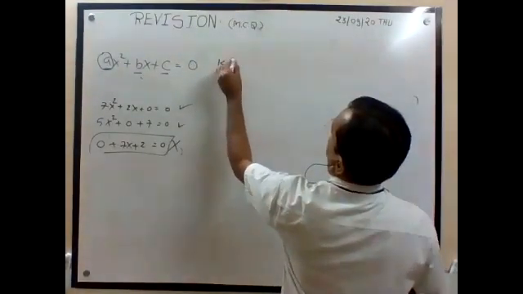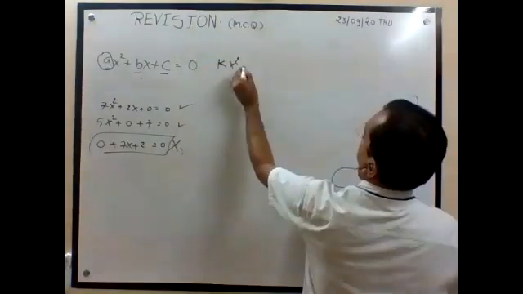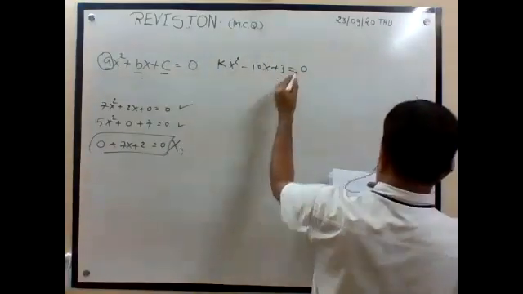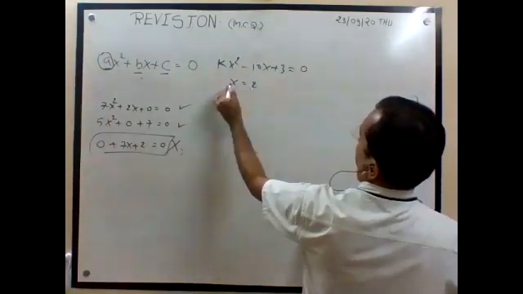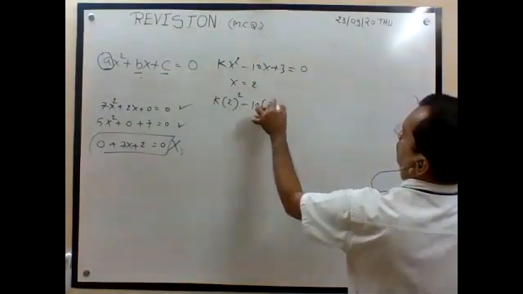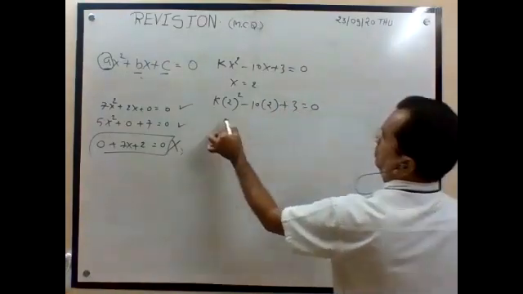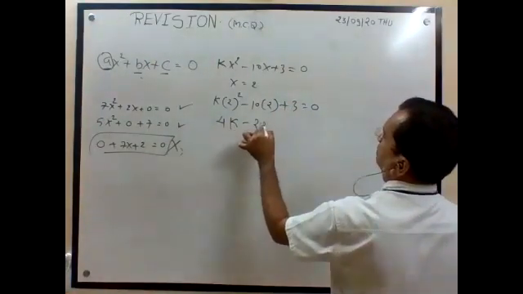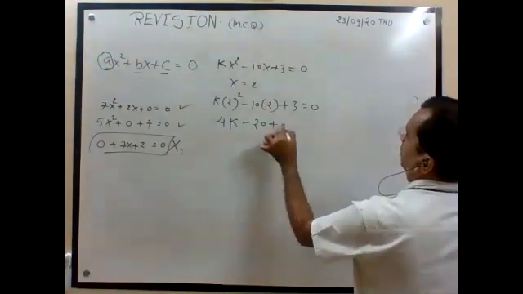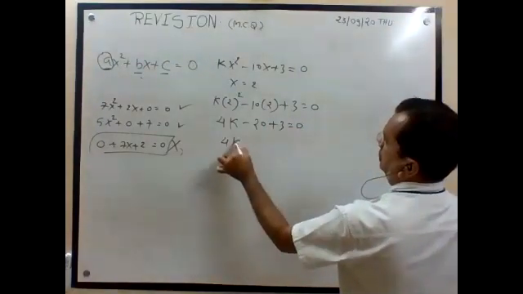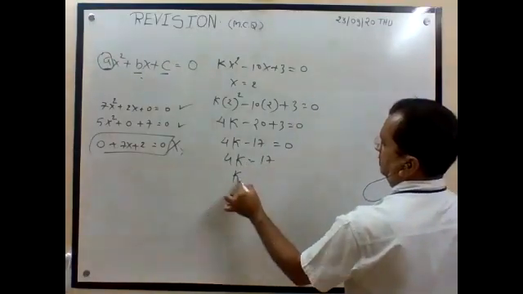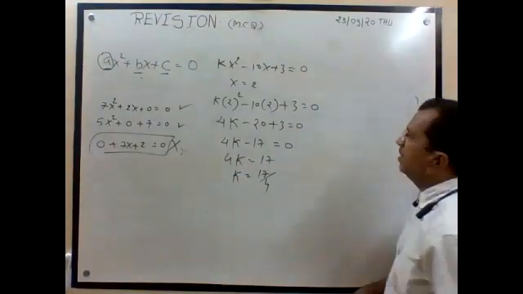kx square minus 10x plus 3 is equal to 0 and x is equal to 2 is given. Substitute: k into 2 square minus 10 into 2 plus 3 is equal to 0. 4k minus 20 plus 3 is equal to 0. 4k minus 17 is equal to 0. 4k is equal to 17. k is equal to 17 by 4.